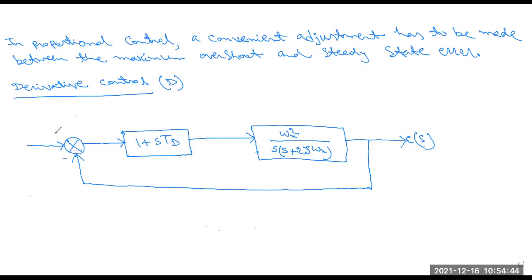This is the summing point, positive. This is the reference input signal, this is the error signal E(S), and this is the actuating signal, denoted EA of the system, and this is the output.